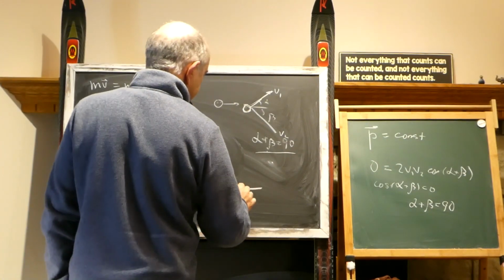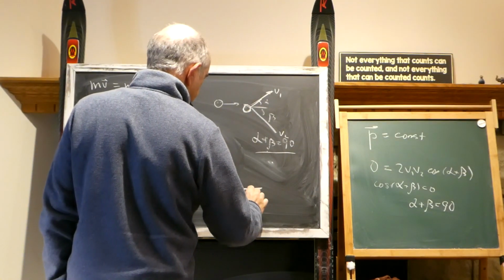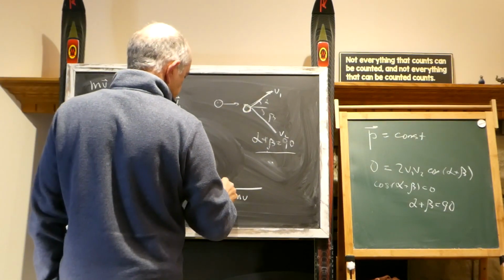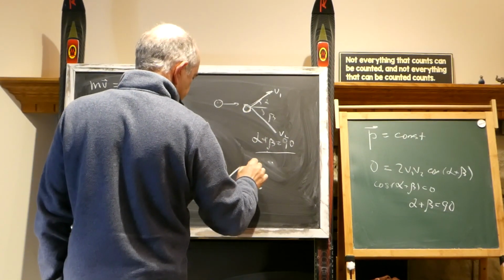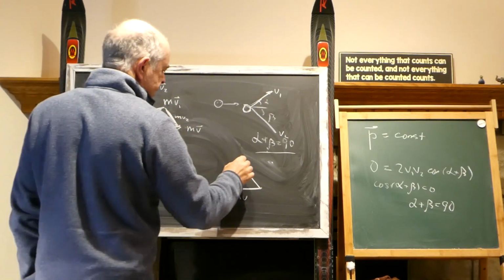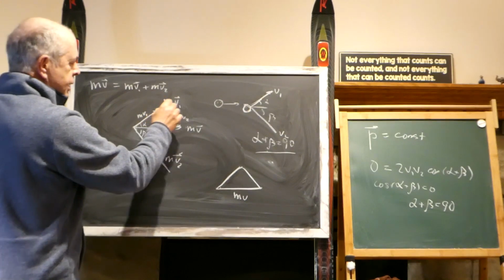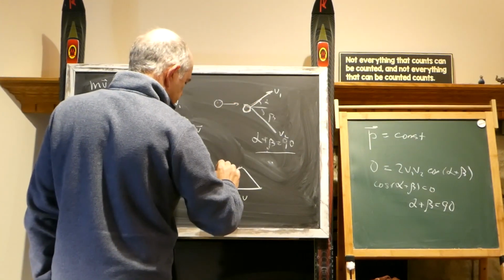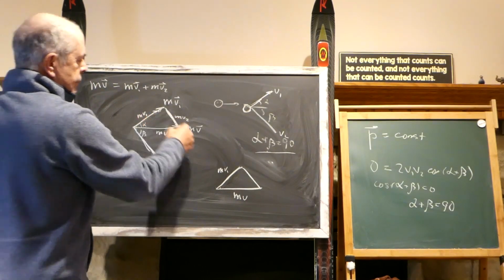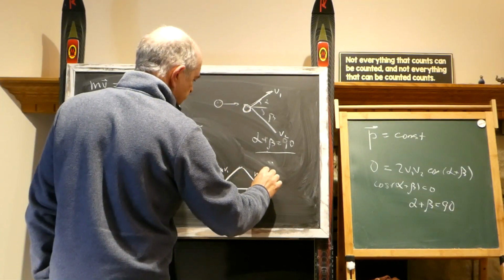This is a triangle, the length is mv, and it comes from the initial momentum. This is another side of this triangle, and this comes from this vector, the first ball deflected, mv1, and then this is mv2, right?